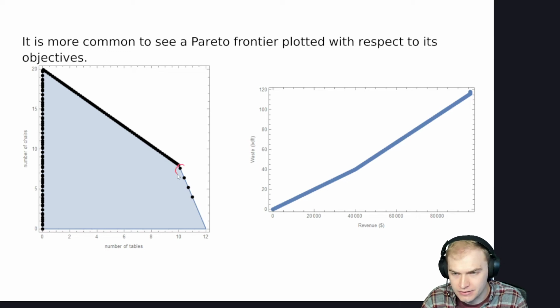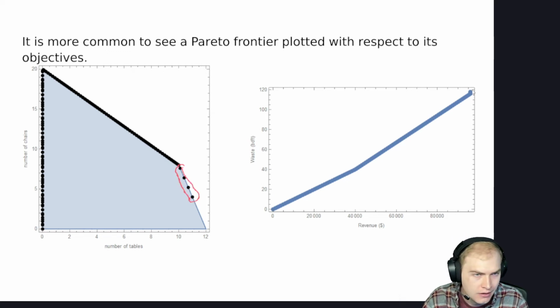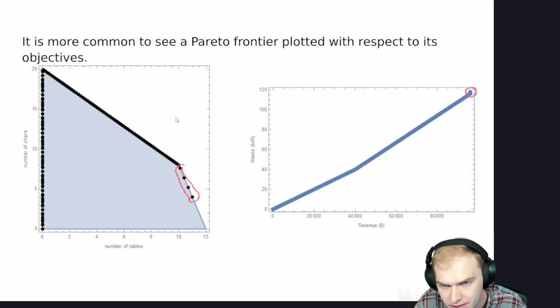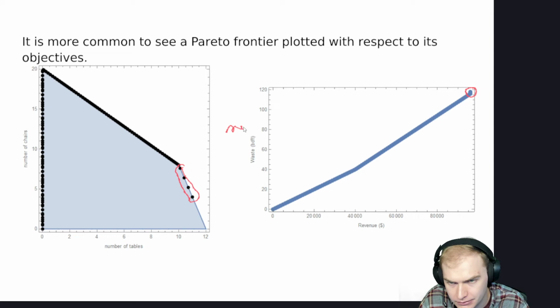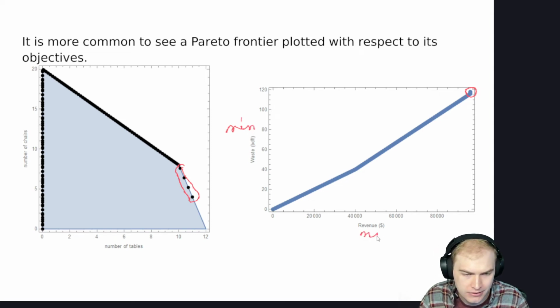And we can see this little tail here corresponds to a little nub there. Now let's think about this a little bit. Waste is being minimized, or we want to minimize waste. Minimize, but we want to maximize revenue.